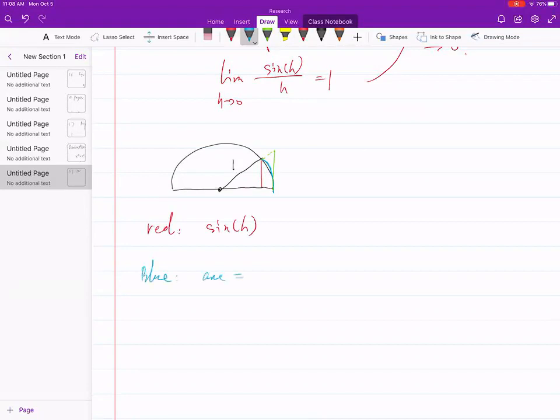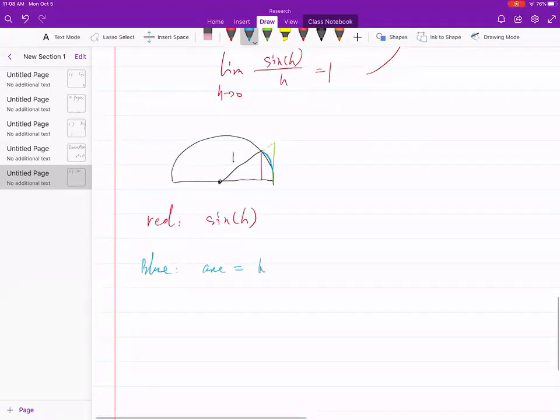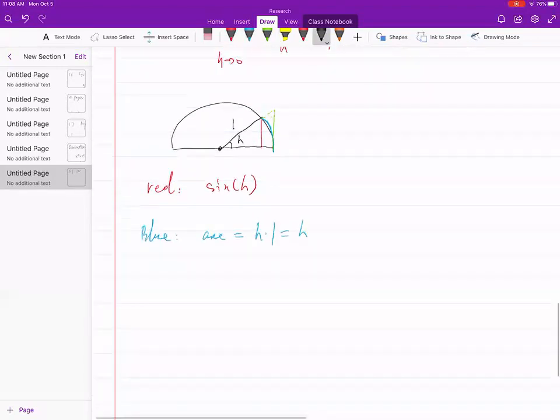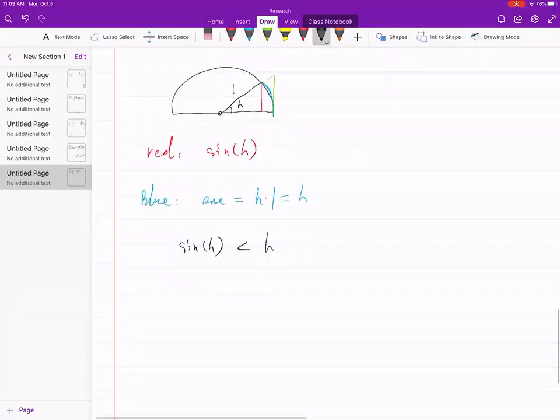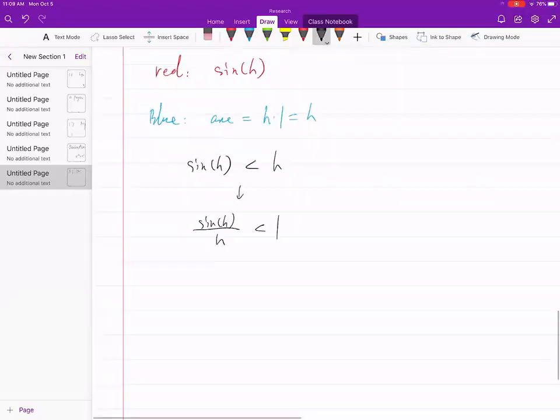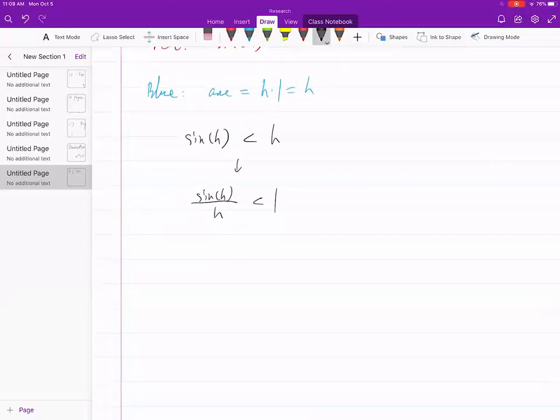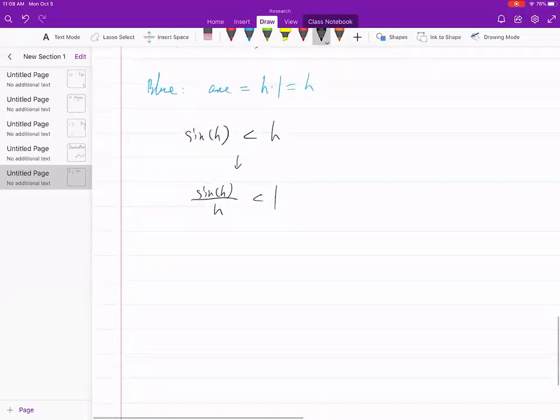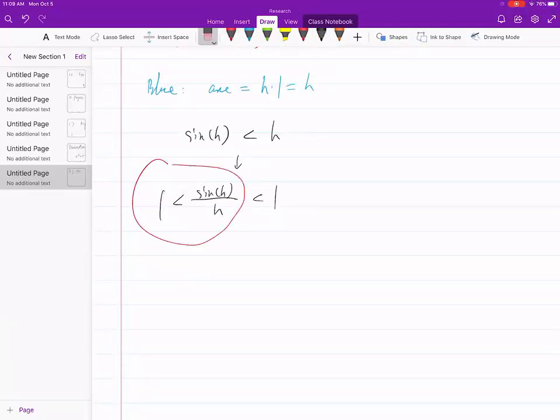The arc, check your notes, equals h times 1, which is h, and the red is less than the blue in terms of length because it's straight, and of course it's less than something curvy. This implies that, that's everything we did on Thursday. Now by squeeze theorem, we want this side. Once you have that, by squeeze theorem, we can know the limit is 1.